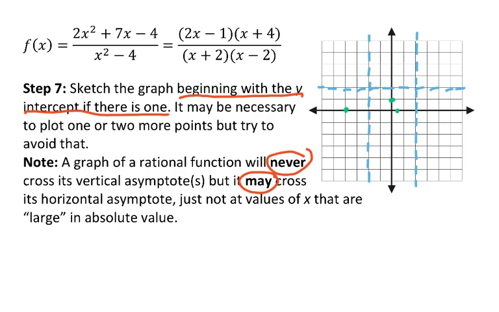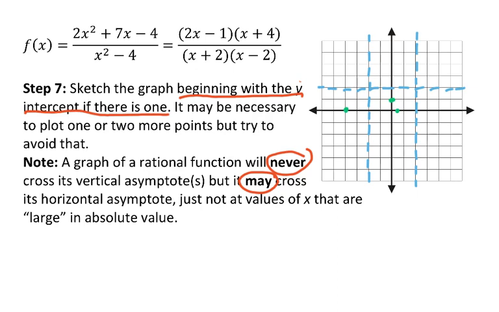By large, I mean heading off towards positive infinity or heading off towards negative infinity. In the middle of the graph, it is potentially possible that a graph may cross its horizontal asymptote. So, at this point, we get very creative, and this is very artistic.